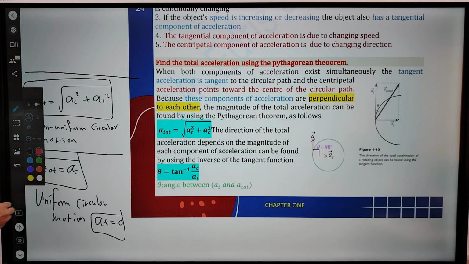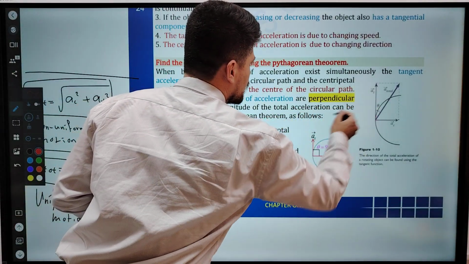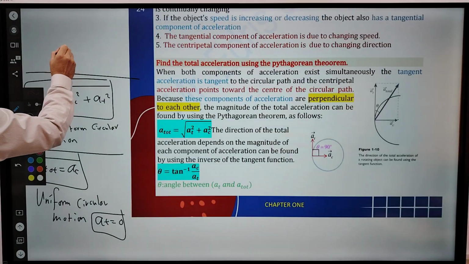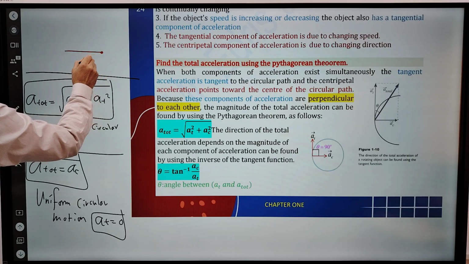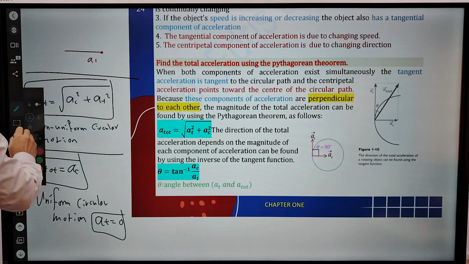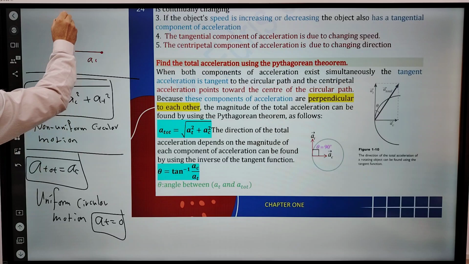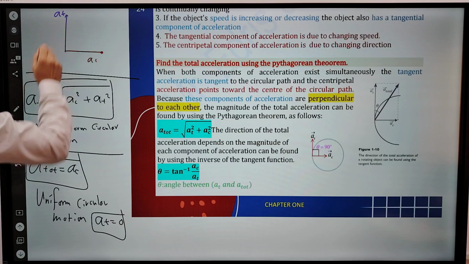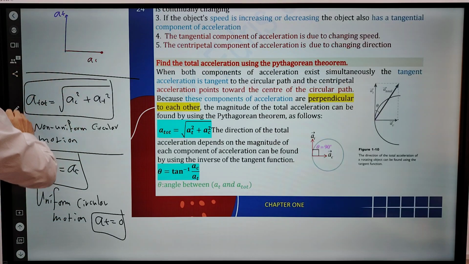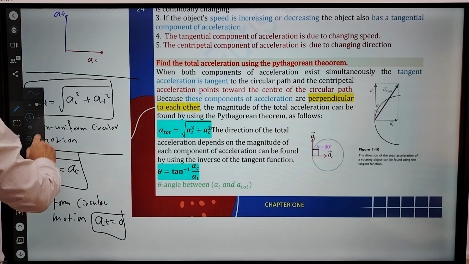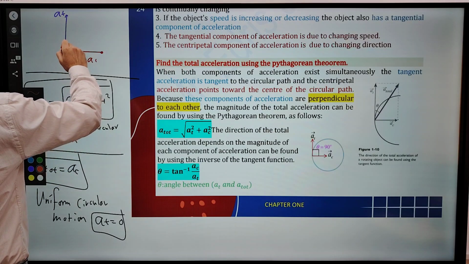According to the Pythagorean theorem, if we draw this figure here, this is AC and this is AT, and for example, we have a circular path.